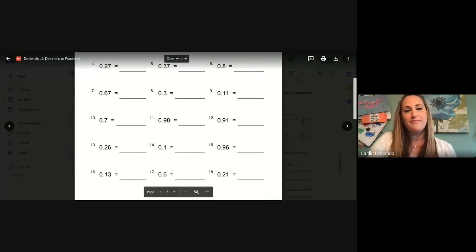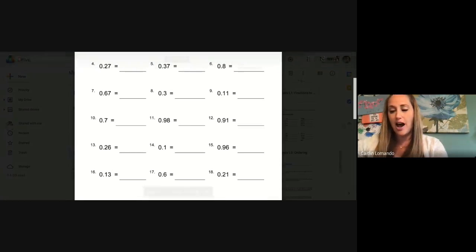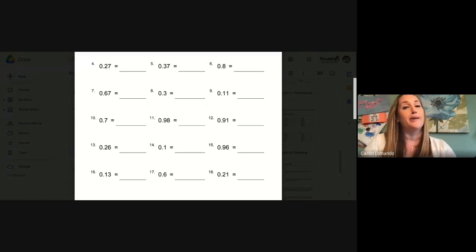Let's take a look at number 7, number 8, and number 9. Number 7 says 67 hundredths. Number 8 says 3/10. And number 9 says 11 hundredths. Let's pause here and see if we can write these 3 decimals as a fraction.